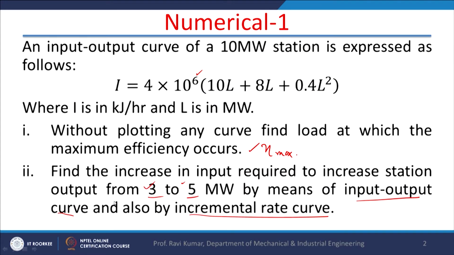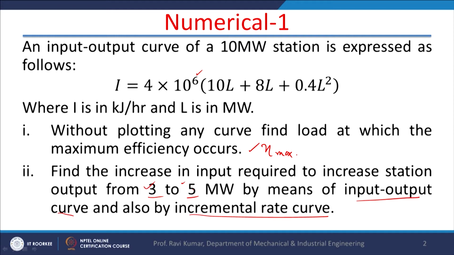Now, the other part is to find the increase in input required to increase station output from 3 to 5 megawatt. Suppose the station is giving 3 megawatt and I want to increase the output to 5 megawatt. How much input has to be increased so that I get the 5 megawatt output? There are two methods.